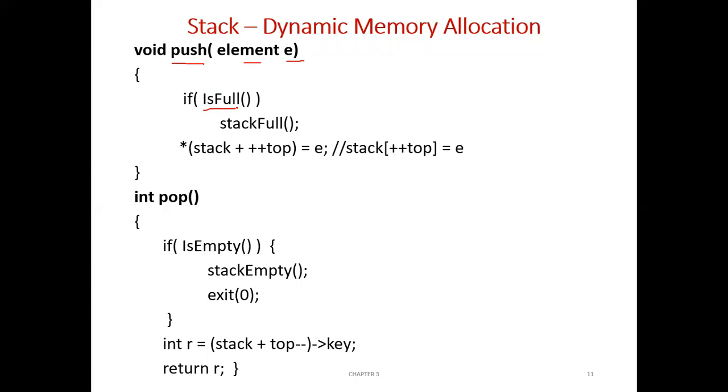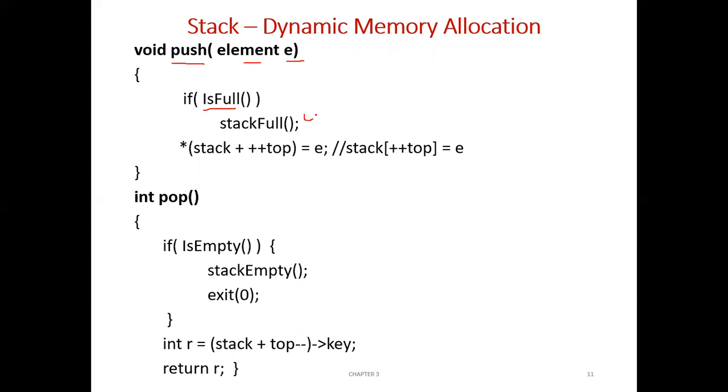In is full, we just check whether the top is equal to capacity minus 1. There we used stack size, but here capacity is the one which represents the size of the stack. If top is equal to capacity minus 1, then it means the stack is full.